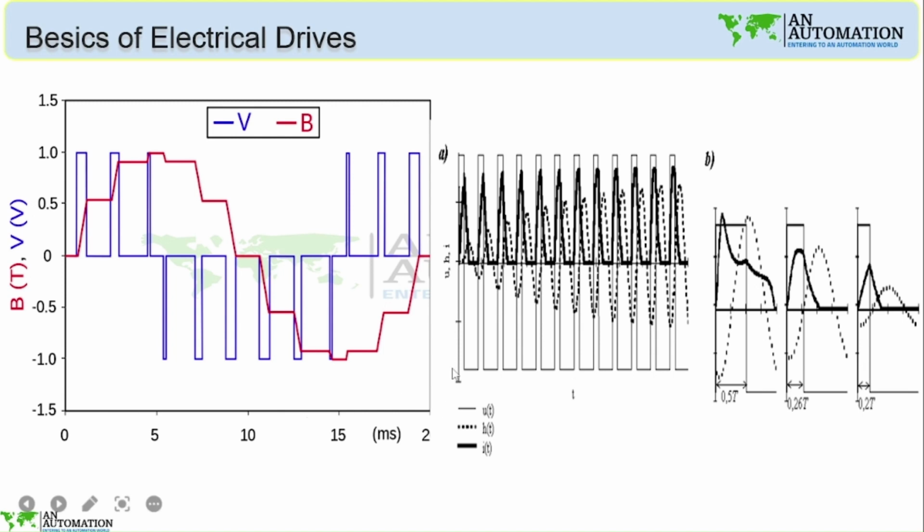But we have to consider one thing: if the output voltage is controlled in this manner, like this square wave, the output current is quite rippled. Okay, this is the output current which is rippled.